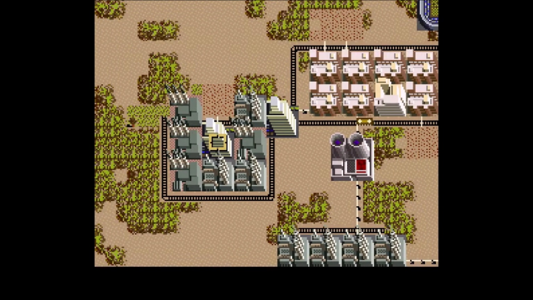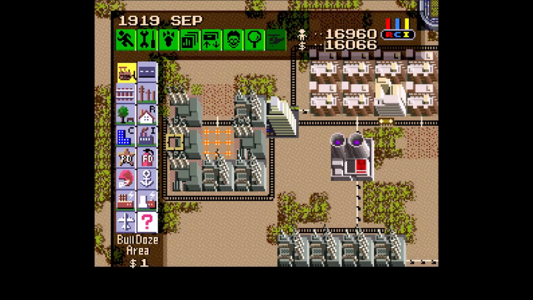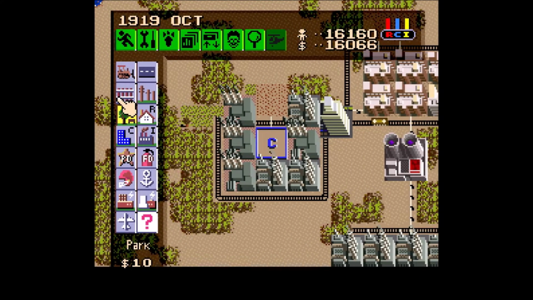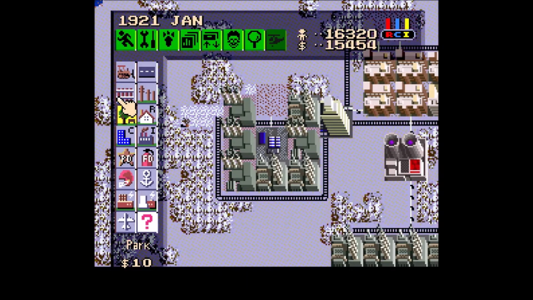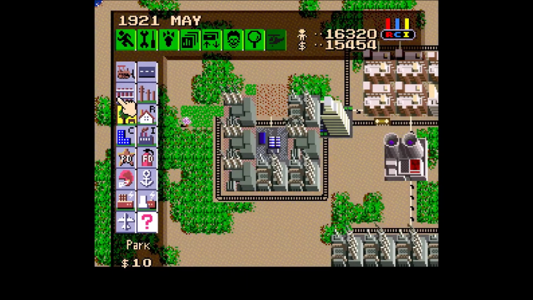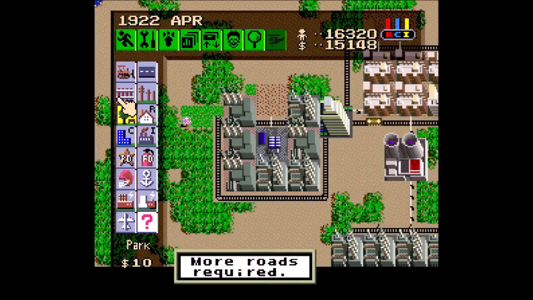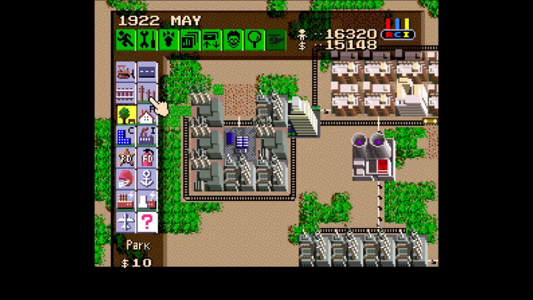If I were to now bulldoze this commercial zone and put one down now, let's see what happens. Notice anything different? What you should notice here is that this commercial zone is not developing.